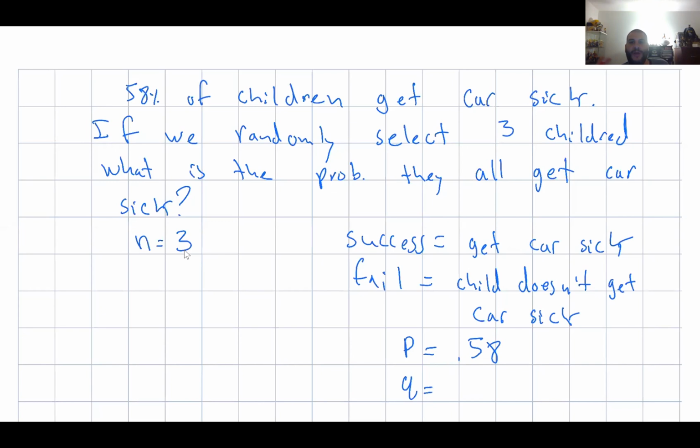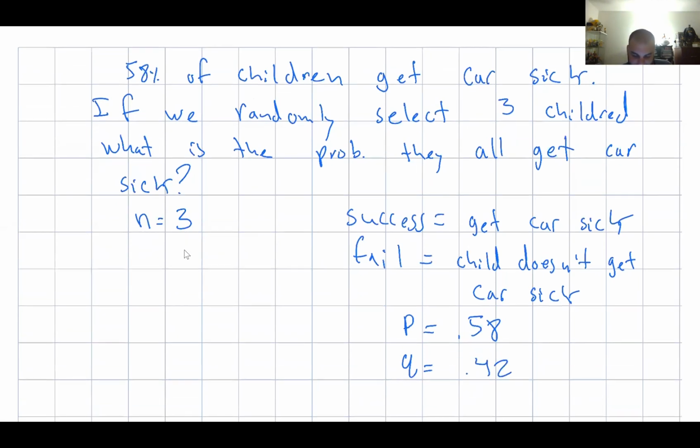Q is the probability of failure, that the child does not get car sick. That's 0.42. X represents how many successes we want. If I want all of them to get car sick, X should equal 3.